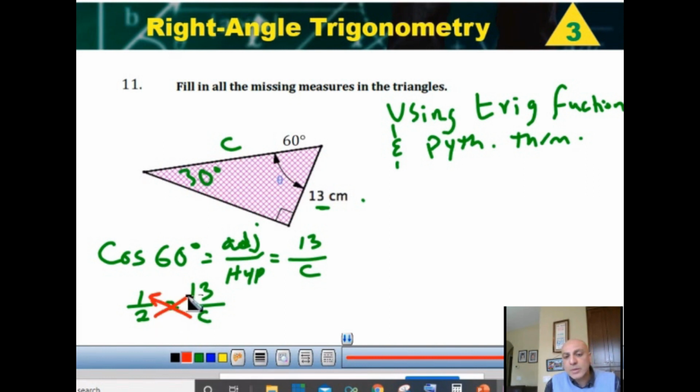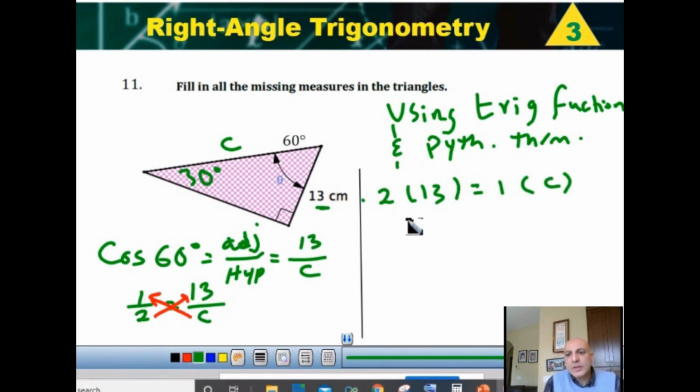So basically, I have 2 times 13 equals 1 times C. 2 times 13 is how much? 26. Thank you. 26 equals C, which is exactly my hypotenuse.